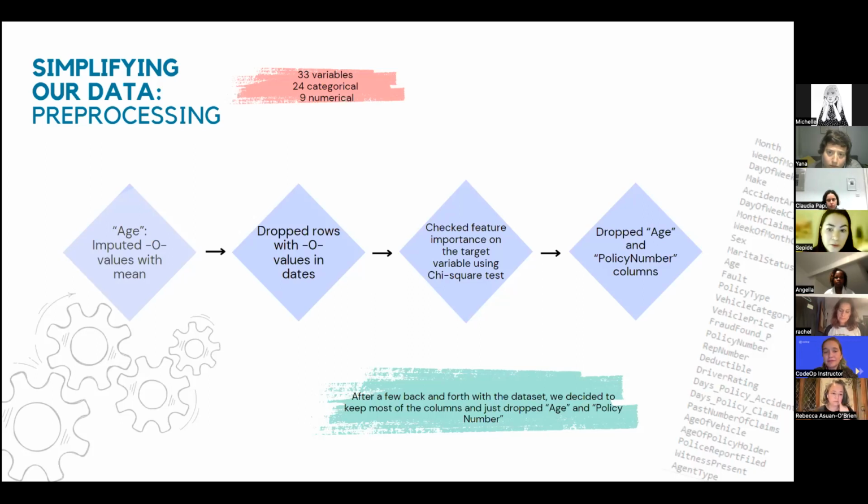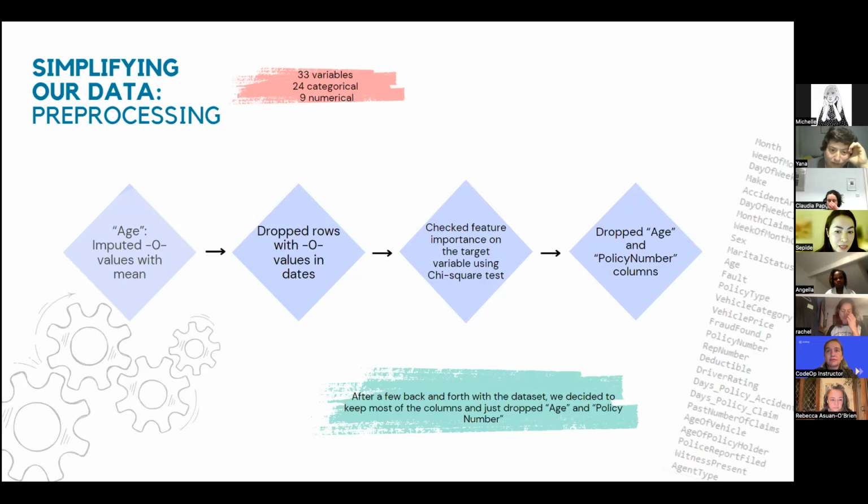As you've seen in the previous slide, to understand which variables were most relevant to our fraud detection goal, we used the chi-square test. But after examining the data carefully and a few back and forths, we decided to keep most of the columns, as we realized that we want to keep as much of the data as we can.